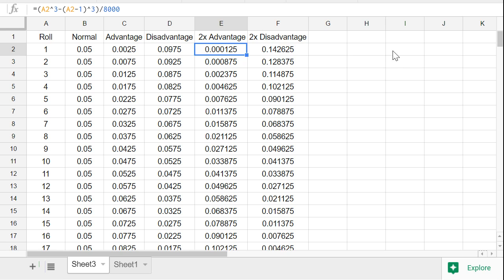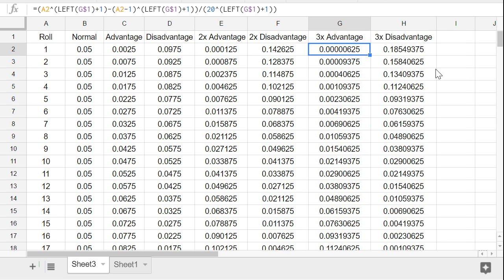Okay. So let's see if I can figure out how to make that happen. What I've done now is I've made the formula work in general, and I've made it so that it takes the first character from the left of whatever is in this box. So for 2 times advantage, we had 3 to the third power, and then this is 20 cubed.